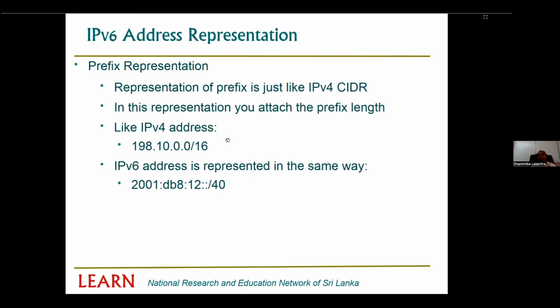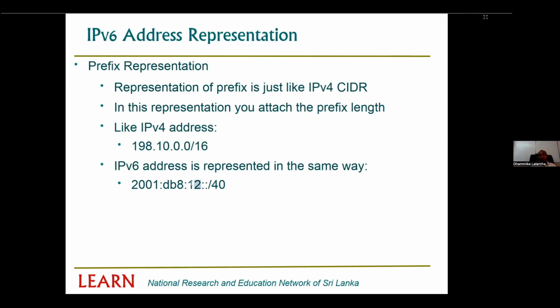In the same way, an IPv6 address can be represented. When we represent it, we omit the following zeros. Actually, we can omit all host bits. We can make them all 0.